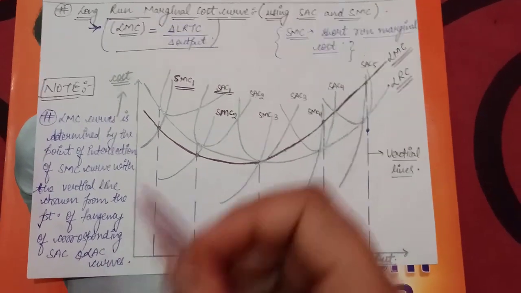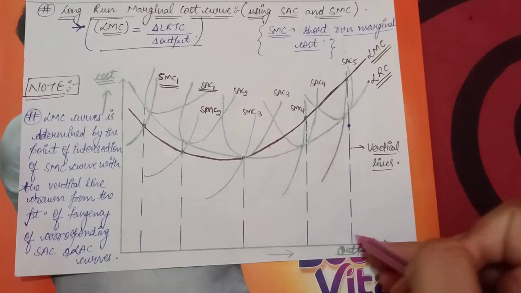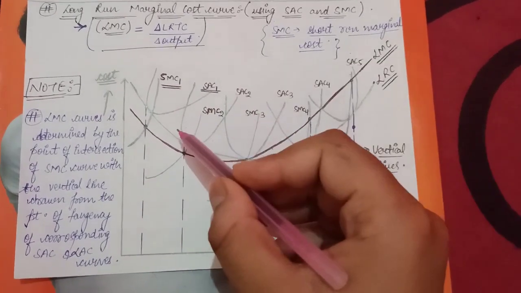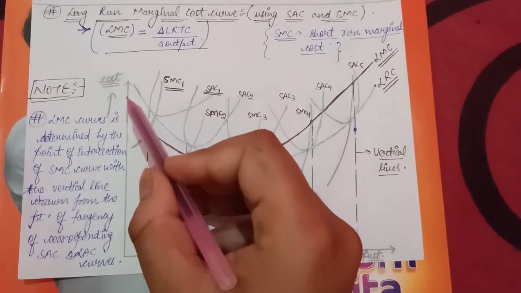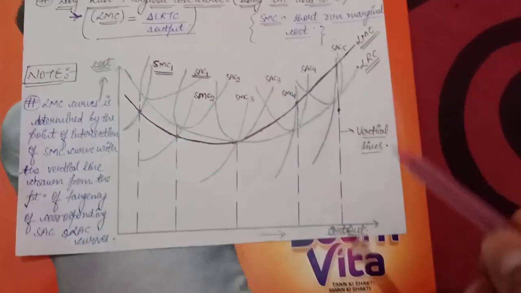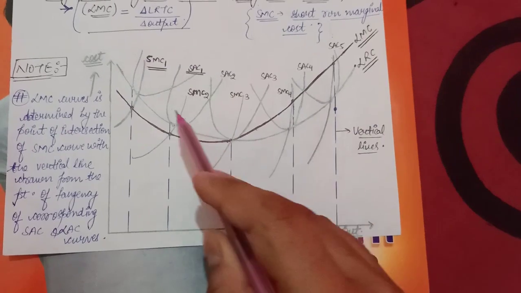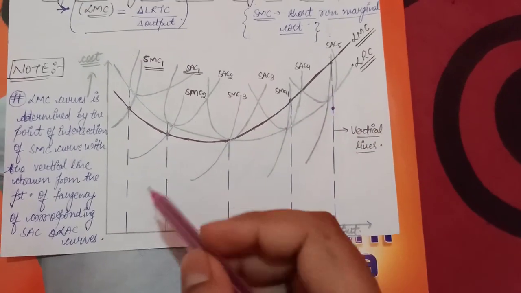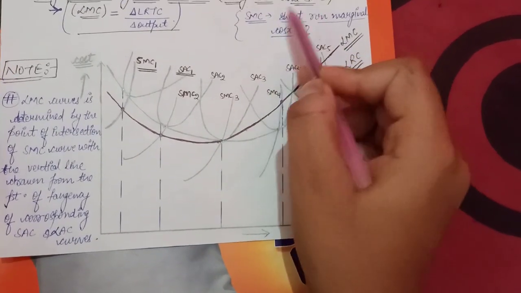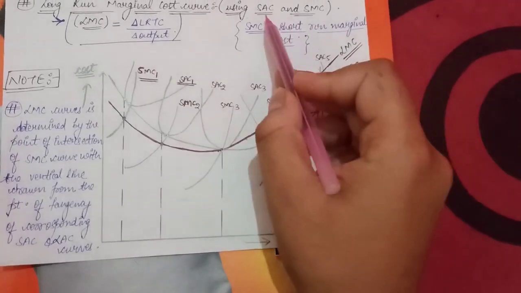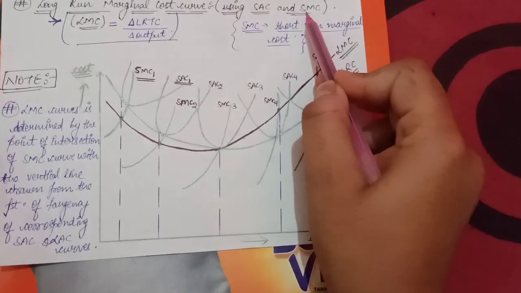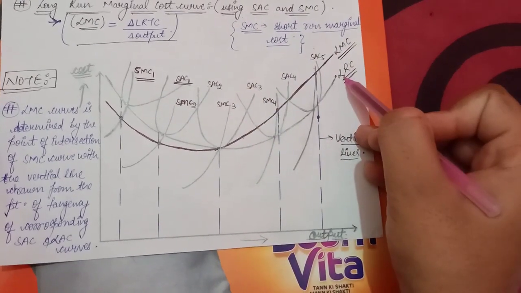Now moving ahead towards the graph of LMC, that is long run marginal cost curve. So here is cost on the y-axis and here is output on the x-axis. To draw this graph, you need SAC, SMC and also LAC, that is short run average cost curve, short run marginal cost curve and long run average cost curve.